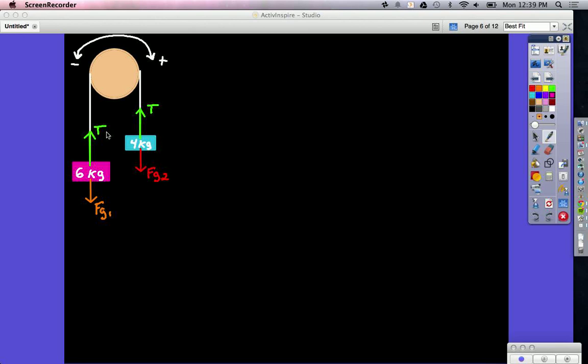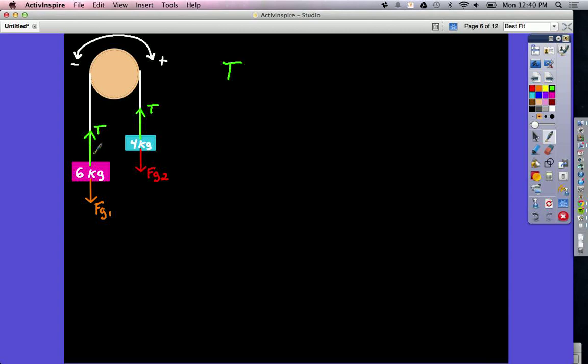So I've already drawn my forces on each block. I've got tension up and force of gravity down on each one. And what I do when I have more than one object is I have to make an equation for each object. So I'll start with the purple block. I'll call this block 1, hence I call it force of gravity 1 acting on it. And the positive force acting on the 6 kilogram block is the force of tension.